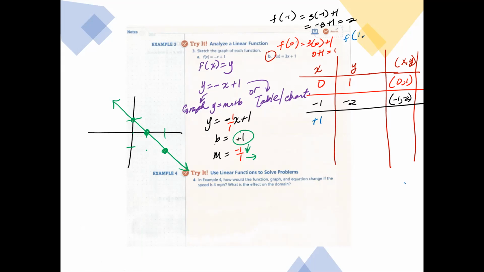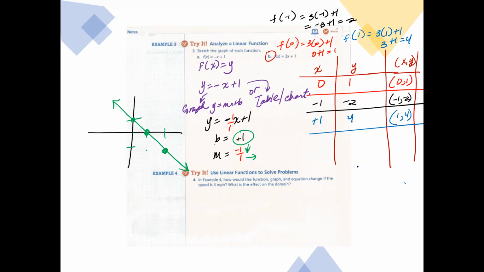So f of positive 1 is going to be 3 times positive 1 plus 1, which is a 3 plus 1, which is going to be a 4. So my next point here is going to be positive 1 and 4.